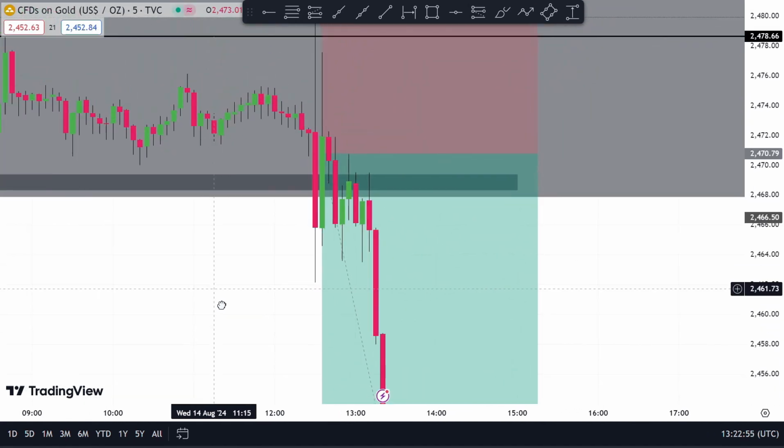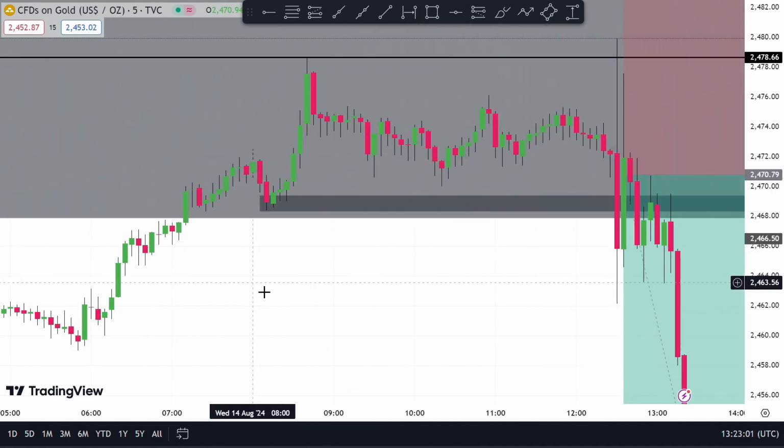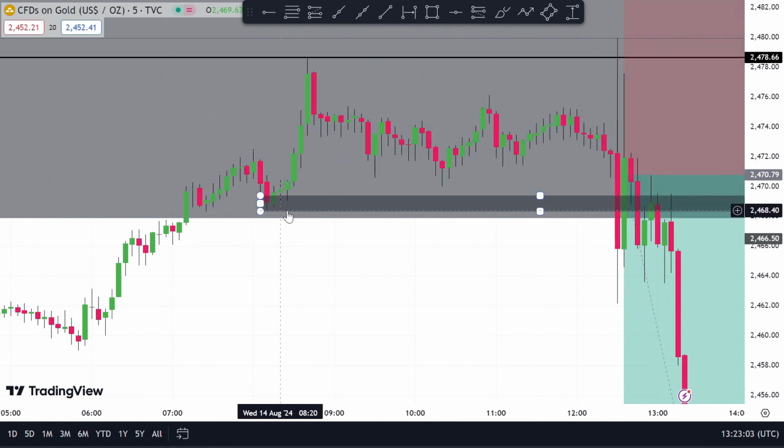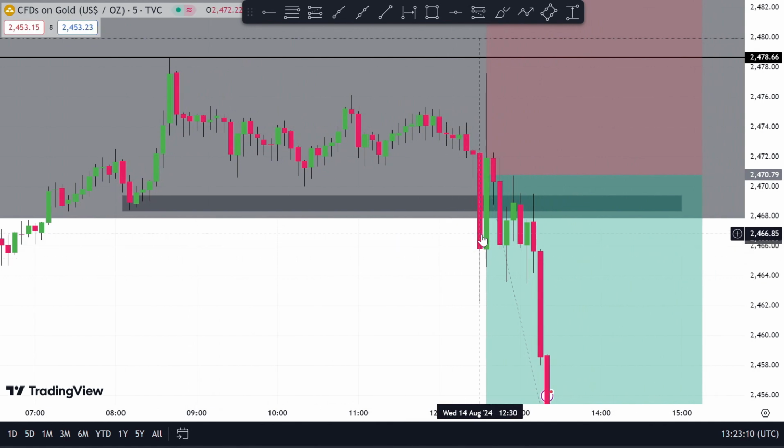Immediately as we entered at this point, because I told you guys that I was waiting for price to break, change structure, break past this demand zone here before I would look for my entry. And here I saw this candlestick closing below this demand zone, so I quickly entered for a sell opportunity when it retraces back to this point.